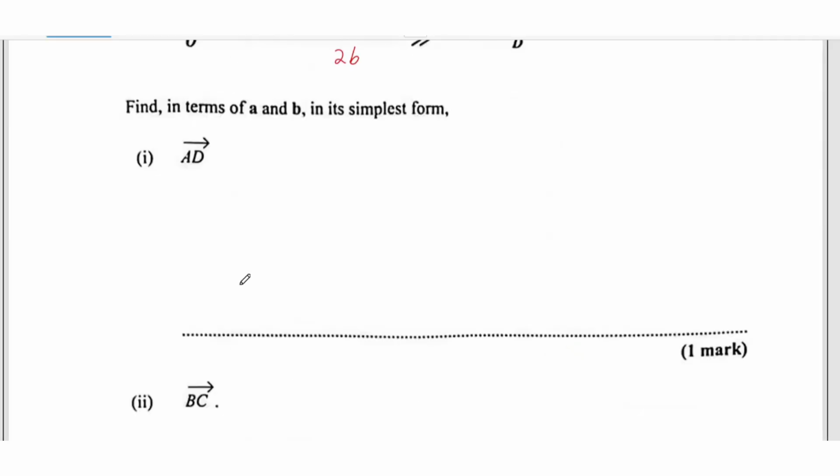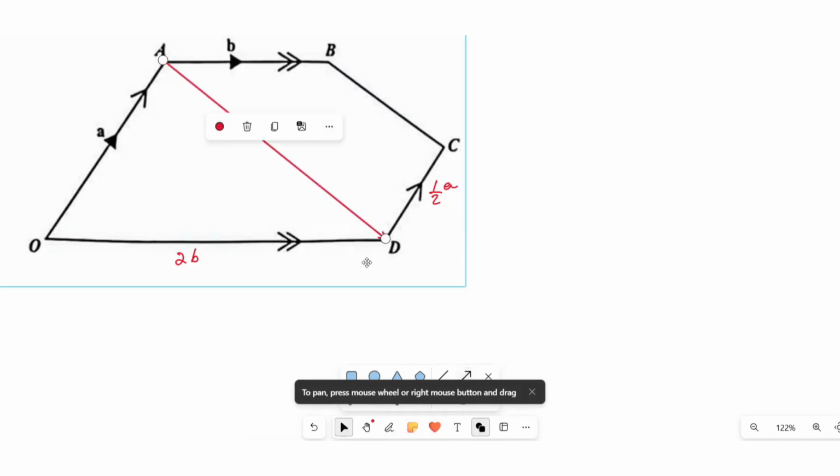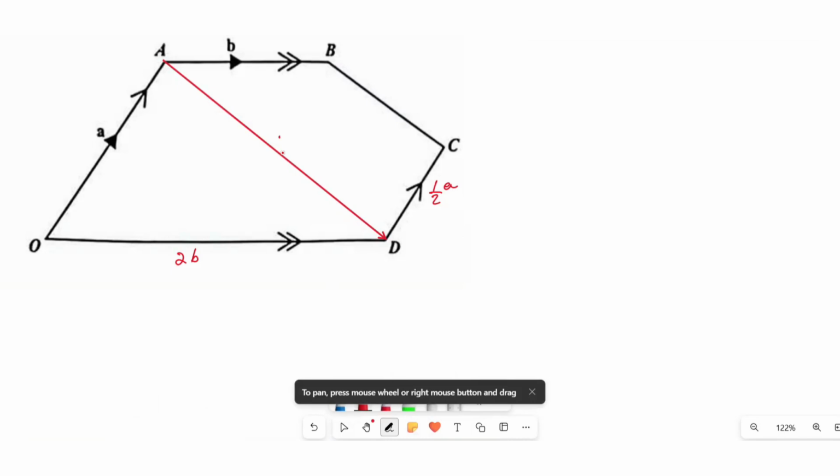Now let us get into the first question. The first question says, find in terms of a and b, in its simplest form, AD. So we want to move from A to D. Let's take a look. Just drop a line. We could see our AD. AD is right here. This is my AD coming this way, right? Now, we're going to just take a quick trip.